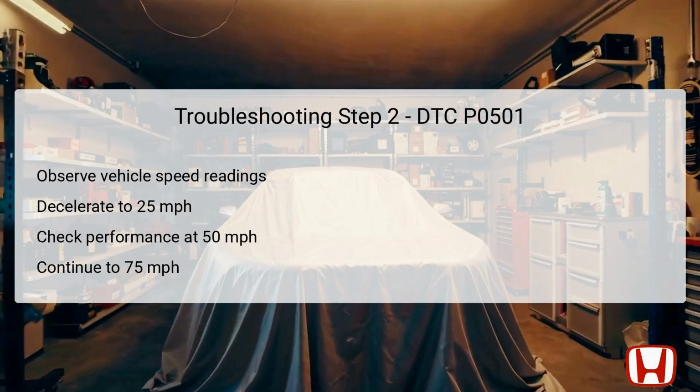After reaching this lower speed, gradually increase to 50 miles per hour, and then to 75 miles per hour, or about 120 kilometers per hour, each time paying attention to how the vehicle transitions between these speeds.